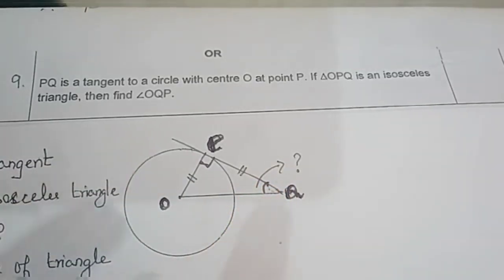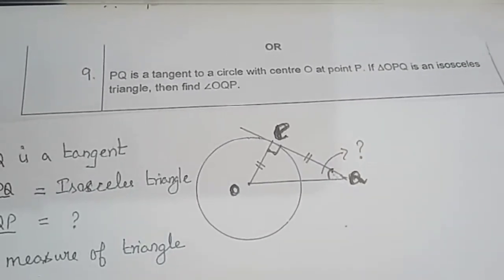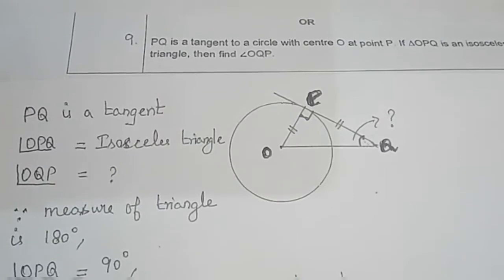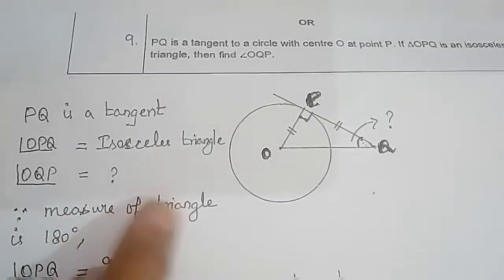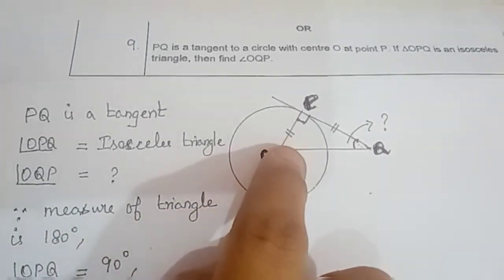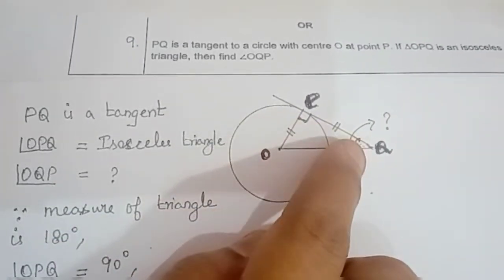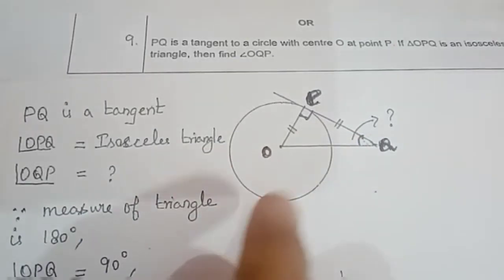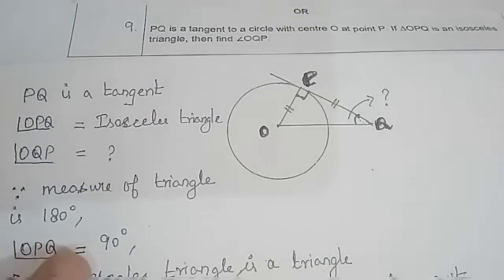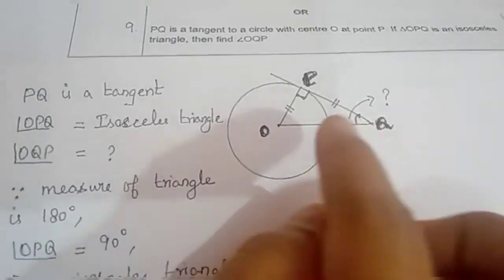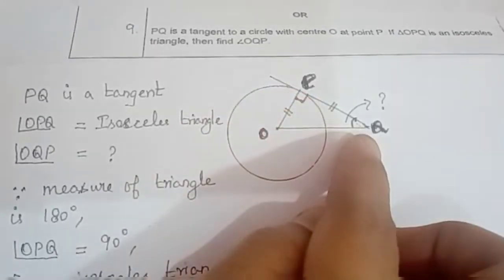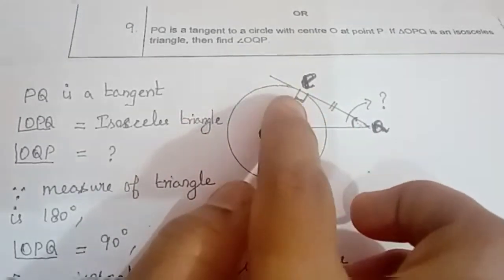So we know that the sum of the angles of a triangle is 180 degrees. And angle OPQ is equal to 90 degrees, since a tangent always makes an angle of 90 degrees with the radius.